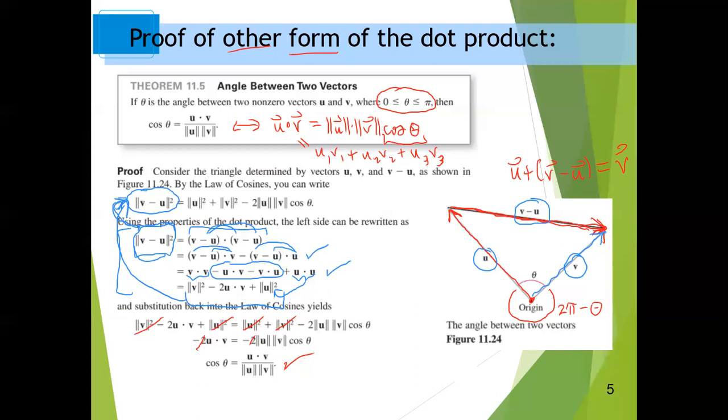Notice that this identity right here tells us that the dot product is positive if 0 is equal to or less than theta is less than pi over 2, which is 90 degrees, and it's less than 0 if pi over 2 is less than theta is less than or equal to 2 pi.